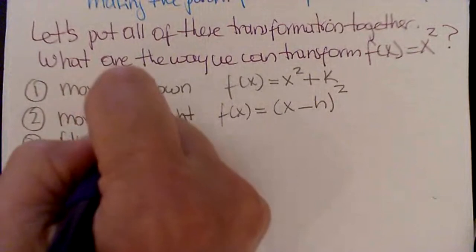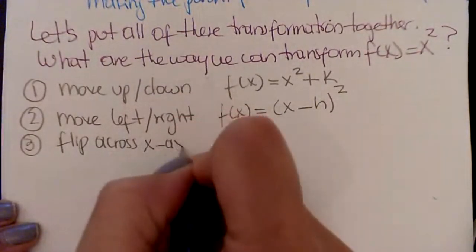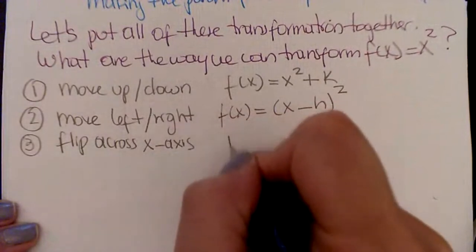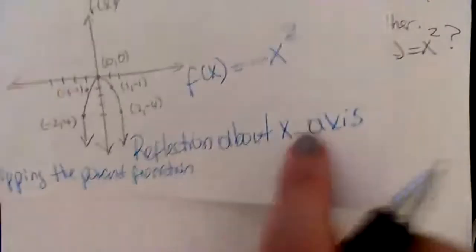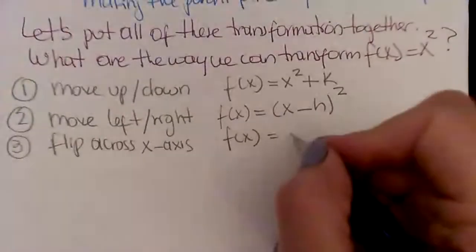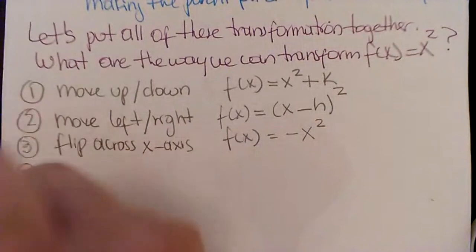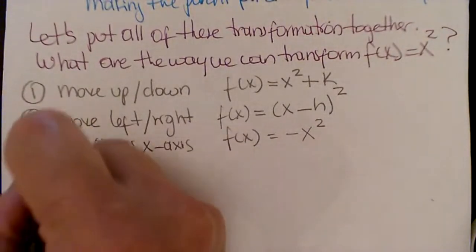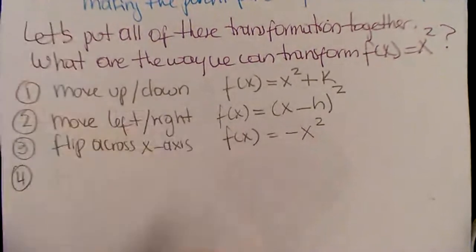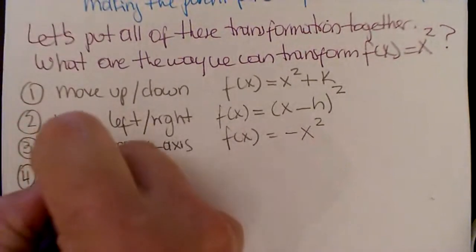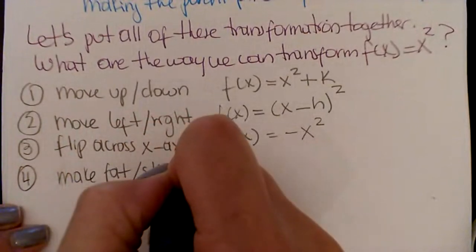Now, flip across the x-axis. We said was going to be negative x squared. And the last one, make fat or skinny.